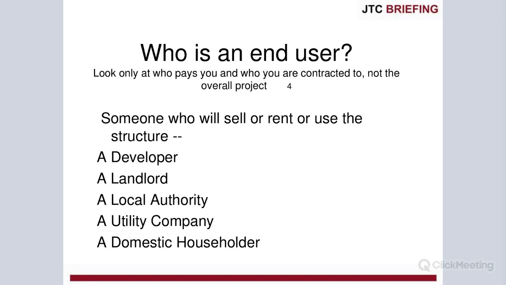So, for example, you get big scaffolding firms who are only contracted because they're big and they're good and they're working on British Rail sites, but they will be contracted to people like Balfour's who are contracted to the railways. They are not contracted to the end user. So when you're thinking about it, always think, who is paying me?